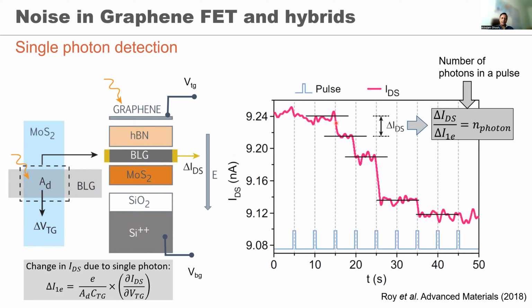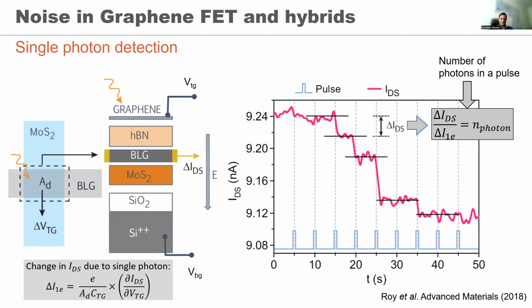You can see the electrical current in nanoampere, as I showed you, 10 nanoampere or so. With light pulses, in many of them there's nothing, but in some of the light pulses there are these drops happening. This is a train of light pulses. From this change in the current, I have normalized it with what is expected for a single electron or a single photon.